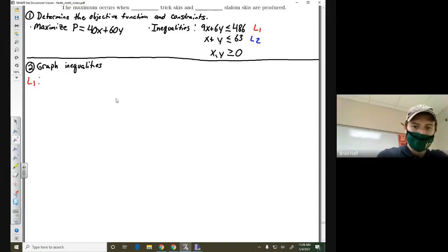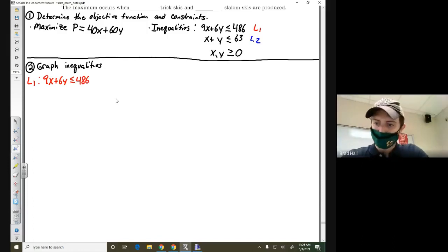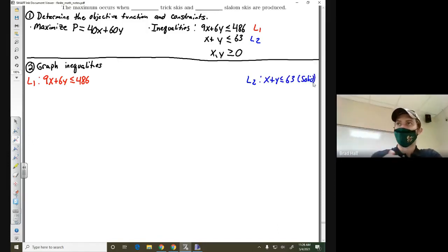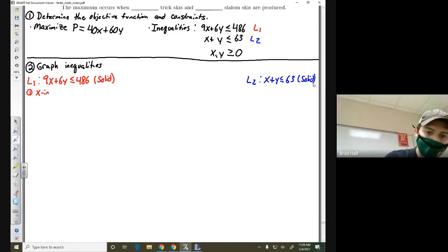So we have L1 over here, 9x plus 6y is less than or equal to 486. L2, I'll put that all the way over here. And I'll acknowledge that both of the lines are going to be solid because we have less than or equal to parts.